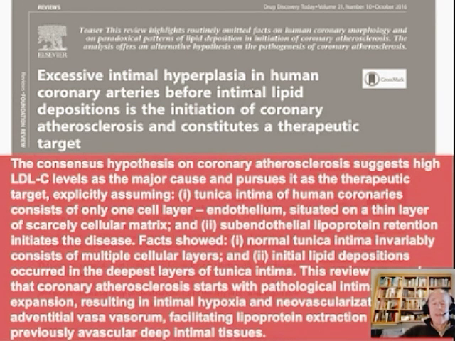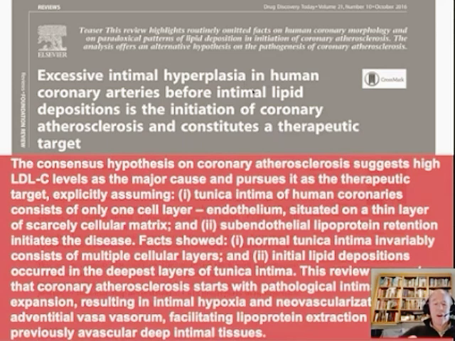And secondly, that subendothelial lipoprotein retention initiates the disease. However, the facts that he presents show that the normal tunica intima invariably consists of multiple cellular layers, and secondly, that initial lipid depositions occurred in the deepest layers of the tunica intima.